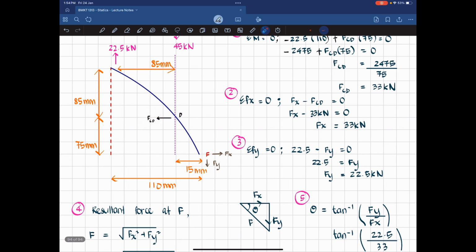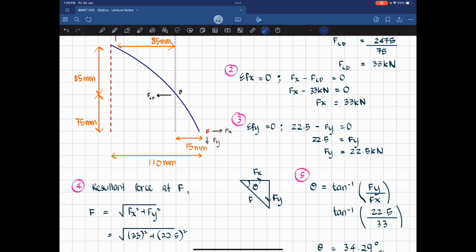Fx is positive because its direction is to the right, and the left is negative, equal to 0. So Fx minus 33 kilonewton equals 0. The answer for Fx is 33 kilonewton.